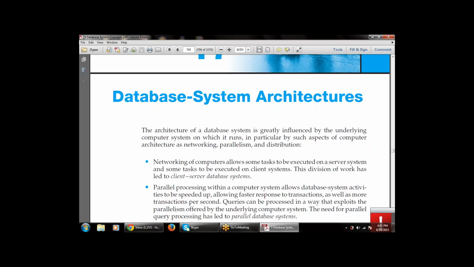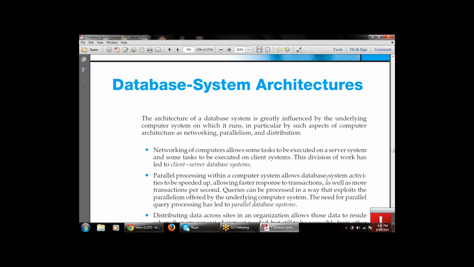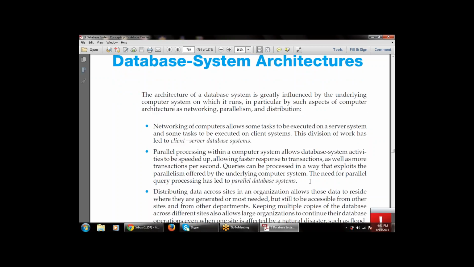This division of work has led to the client-server database system. Whenever we divide the work among the server and the client, that is known as the client-server database system. Parallel processing within a computer system allows database system activities to be speeded up.